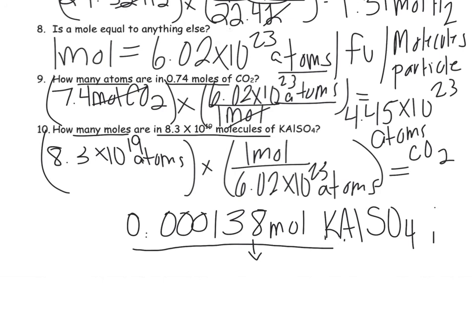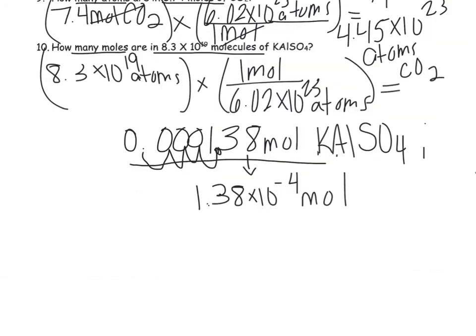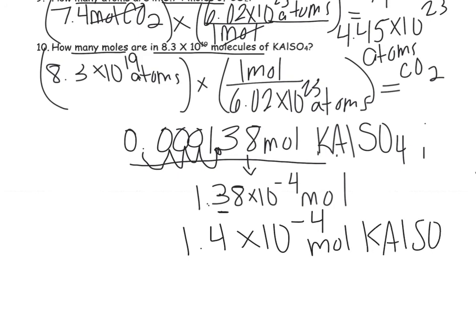So, I'm going to put this in scientific notation: 1, 2, 3, 4. 1.38 times 10 to the minus 4 moles. And if I wanted that in the form of 2 significant figures, I would just round that number off. So 1.4 times 10 to the minus 4 moles of KAlSO4. And this would be your complete answer.